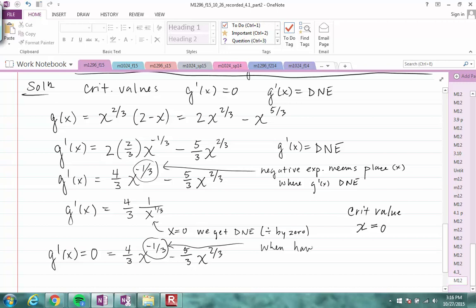When you have fractional powers with at least one being negative, so notice we have two fractional powers in this. I'm identifying the one that's negative.